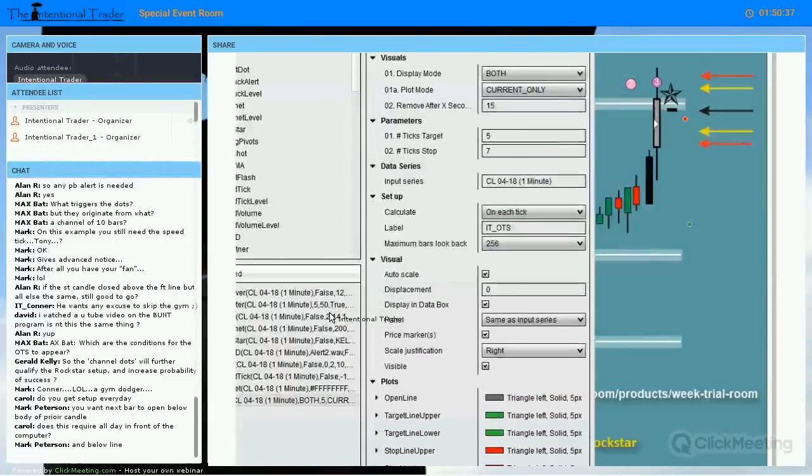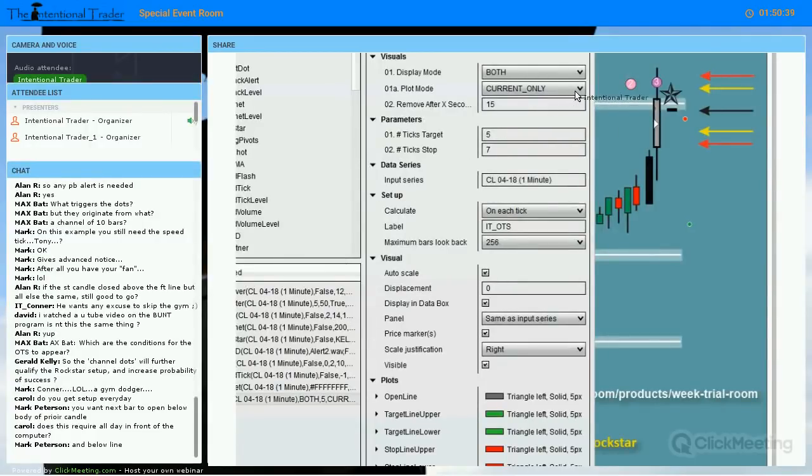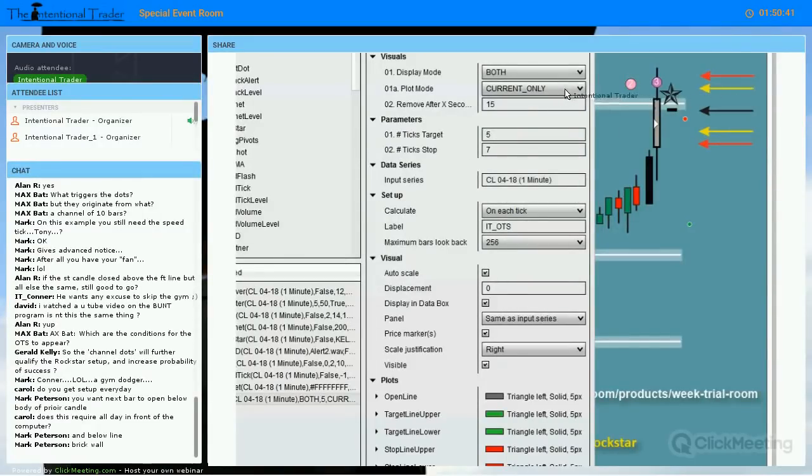You can say whether you want it to just be lines or lines with arrows. I have it removing after 15 seconds of being on the chart. I have it set to a 5-tick target and a 7-tick stop. And then, of course, you can change the numbers or the colors.